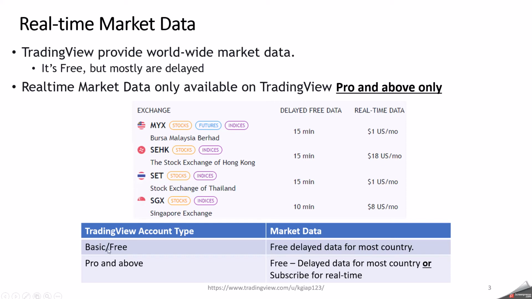For Pro and above, you have the option of free delayed data for most countries, or you can subscribe to real time for one country. For example, if I trade Bursa Malaysia, I will subscribe to Bursa Malaysia, and if I want to trade Hong Kong, I can subscribe to the Hong Kong Stock Exchange. All right, so that's basically for TradingView.